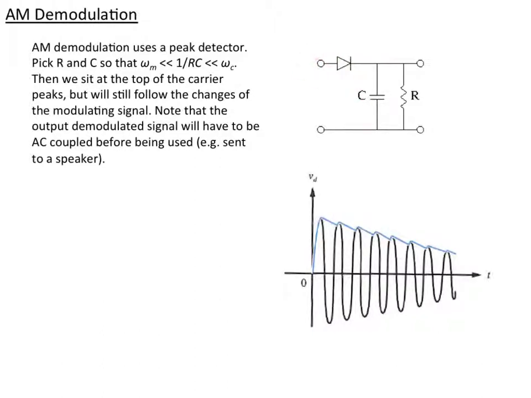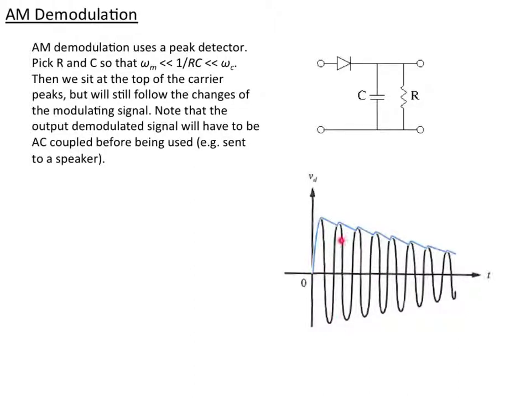If this drops below this, nothing happens, but the charge slowly leaks across the resistor. And if you set 1 over RC to be less than the carrier frequency, but much greater than the modulated frequencies, then this will follow the modulated frequencies exactly.